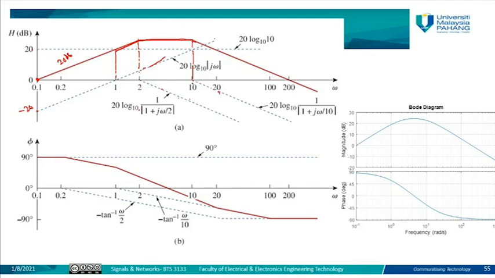From the 10 point here, it starts to go with negative 20 dB per decade until it reaches 100, where it reaches the 0 point, then continues with the same slope.